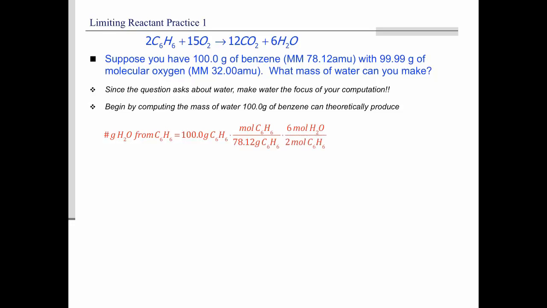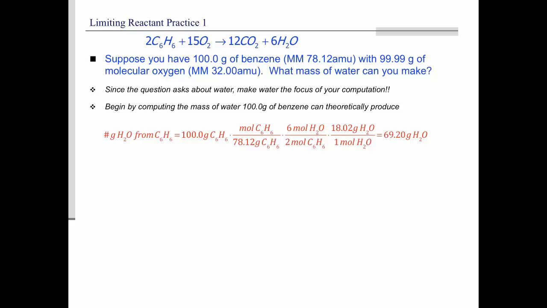And now I can convert using the reaction, because the reaction tells me that for every 2 moles of benzene, I can make 6 moles of water. So now I'm sitting at moles of water, and for every 1 mole of water, that's 18.02 grams, and voila, I can run this calculation, find that there's 69.20 grams of water produced in this reaction if we were to use up all the benzene.